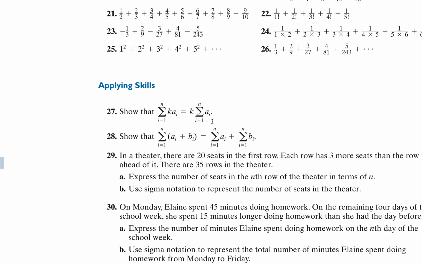So basically that property tells you that the constant can be factored out when you use sigma notation.